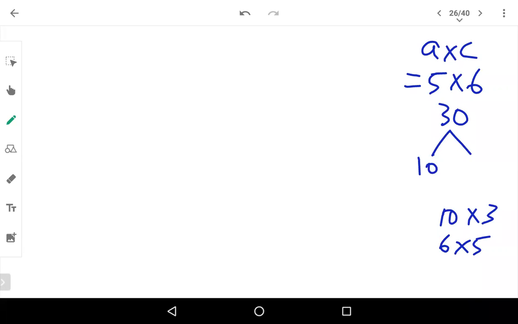If I consider 10 and 3, I am supposed to get plus 13 for the value of B. So I can take plus 10 and plus 3. Okay, 10 into 3 gives 30, and 10 plus 3 is 13.